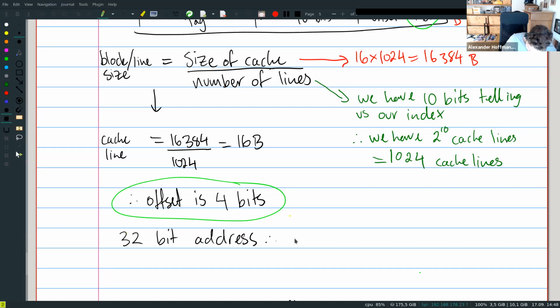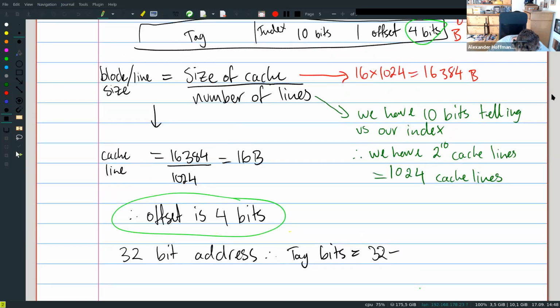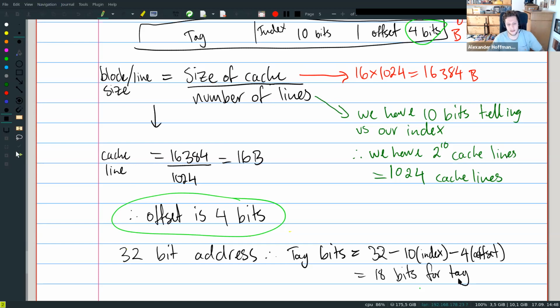Therefore, tag bits equals 32 minus, so this is 10 for the index, minus 4 for the offset. So we get, what's that, 14, 20, 18. 18 bits for the tag, right?